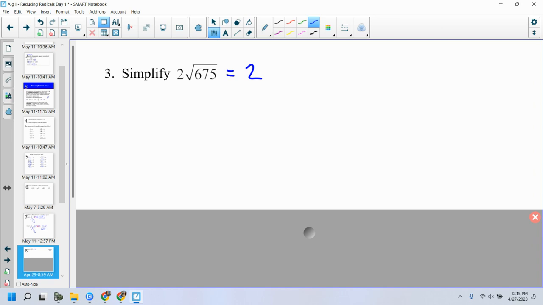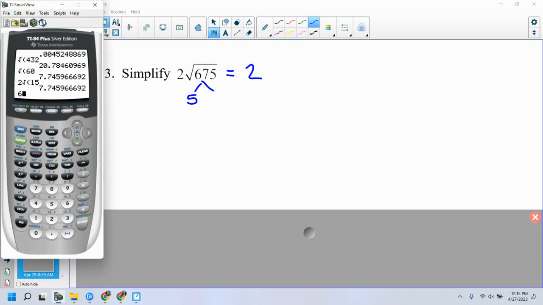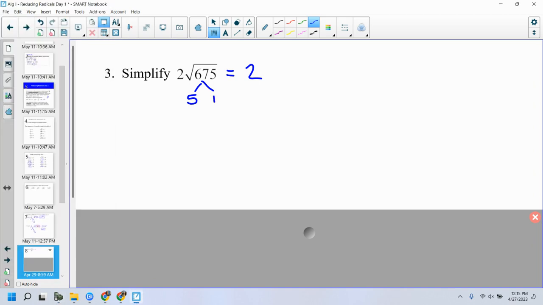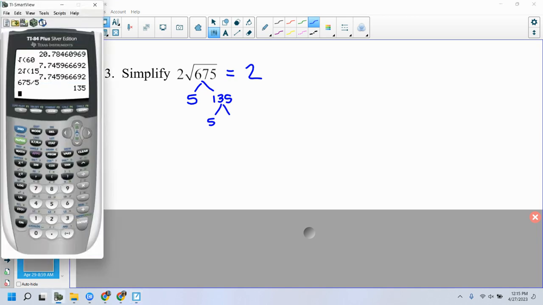Now, 675 can't divide by 2, but it can divide by 5, pretty easily. If it ends in a 5 or 0, I can divide by 5. So I'm going to take 675 and divide that by 5, and that's going to give me 135, which in itself can still divide by 5 because it still has a 5 on the end.